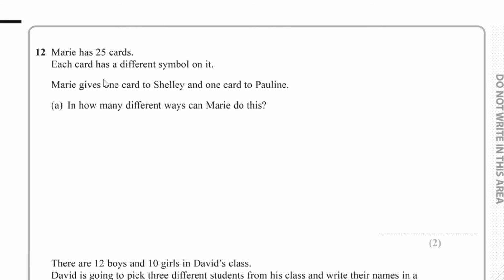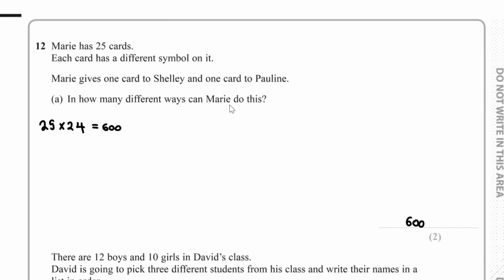Well, here we've got 25 cards originally, and if he gives one card to Shelley and one to Pauline, well, the number of combinations will be 25 times by 24, which is equal to 600. So there's 600 different ways we can give these cards.